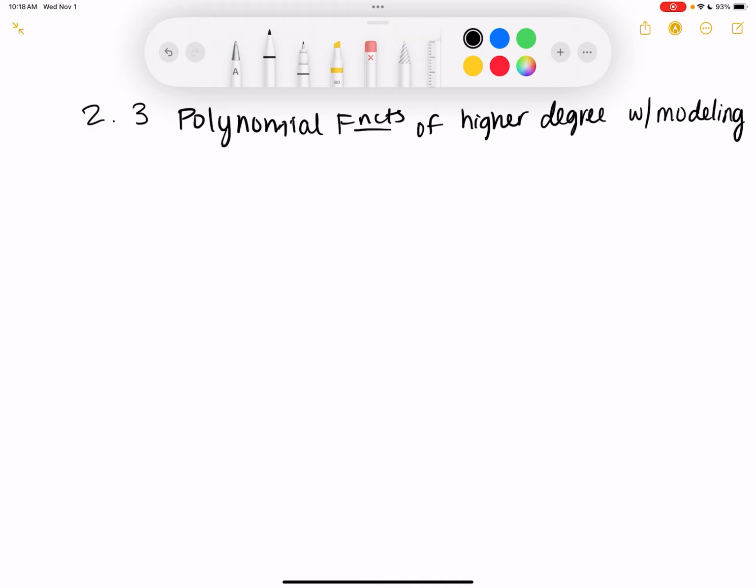So we'll be starting out with looking at how a graph is transformed, and it works the same way as the other ones that we've been doing in other sections. So number 4, g of x is equal to 2/3 times (x minus 3) cubed plus 1.